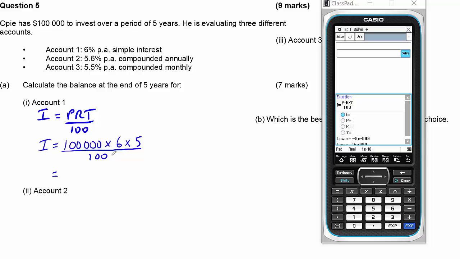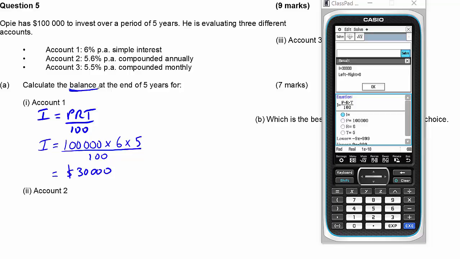Obviously you can just calculate that, or we can do it on the calculator. So we want the interest. The principal is 100,000. The rate is 6. The time is 5. Click on solve and it gives me 30,000.